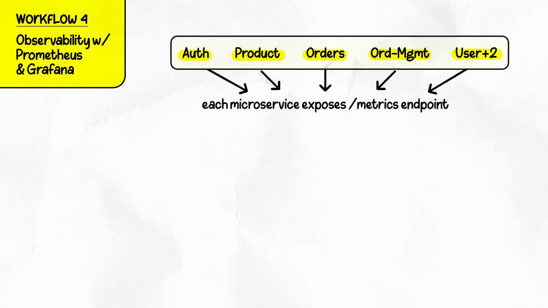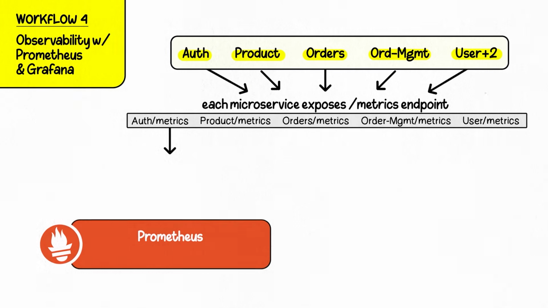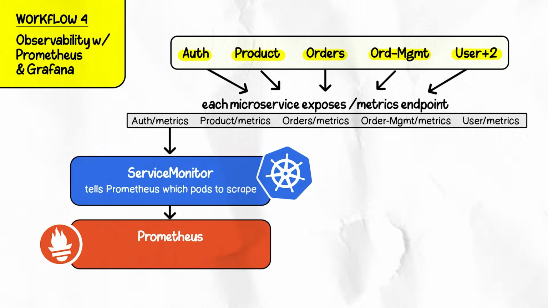Now our next workflow is setting up observability with Prometheus and Grafana. Every microservice exposes a metrics endpoint at /metrics. Prometheus discovers these services using a Kubernetes resource called Service Monitor. The Service Monitor tells Prometheus which containers it needs to scrape for metrics. Prometheus collects these metrics every 15 seconds and stores them as time series data.